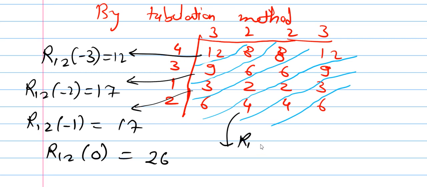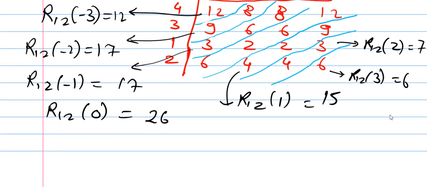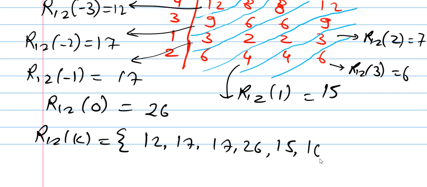This value is R12(1), so 4 plus 2 plus 9, that means 15. This is R12(2), that is 7, 3 plus 4, 7, and this is R12(3), its value is 6. The final answer, R12(k) equal to 12 17 17 26 15 7 6, with the arrow over 26. So this is the answer.